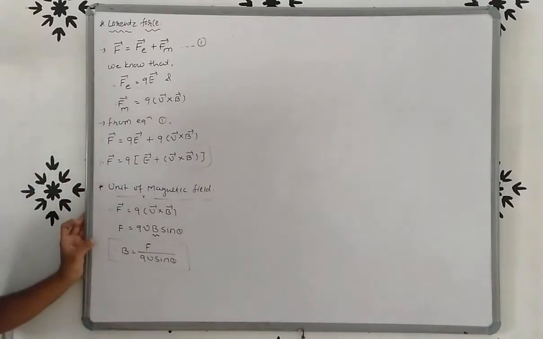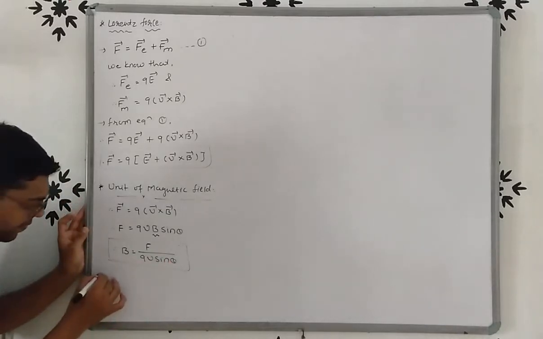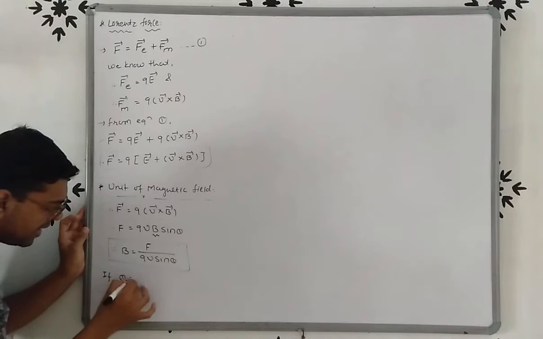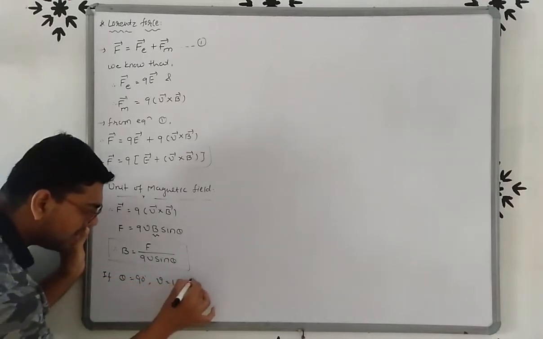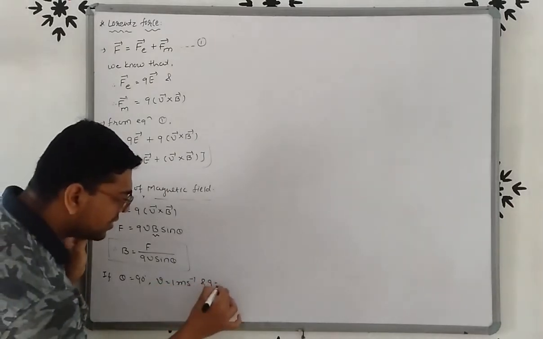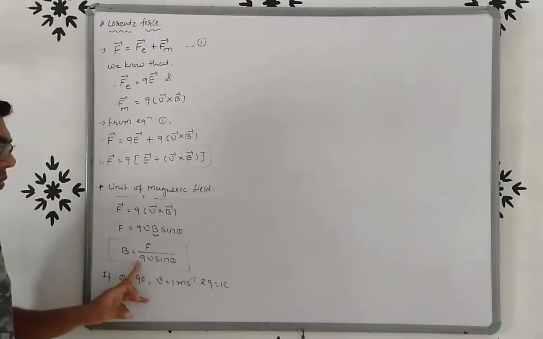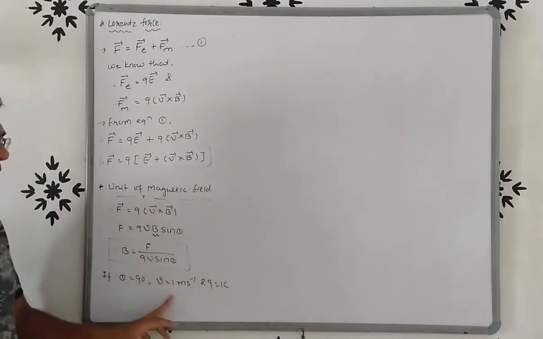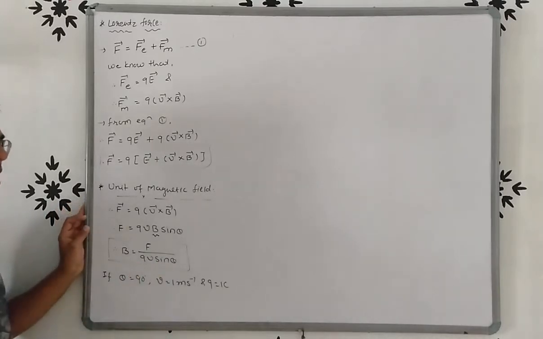To define magnetic field, we assume that theta equals 90 degrees, velocity V equals 1 meter per second, and charge Q equals 1 coulomb. We know the value of sine 90 is 1.